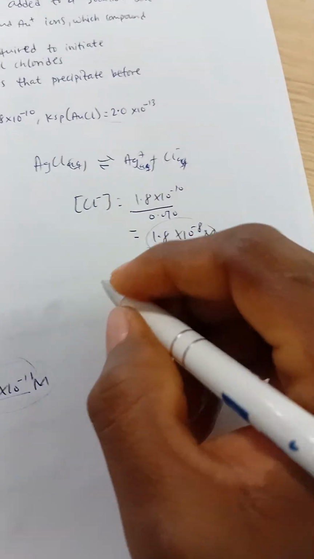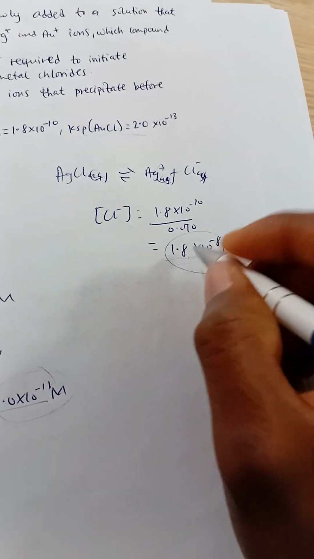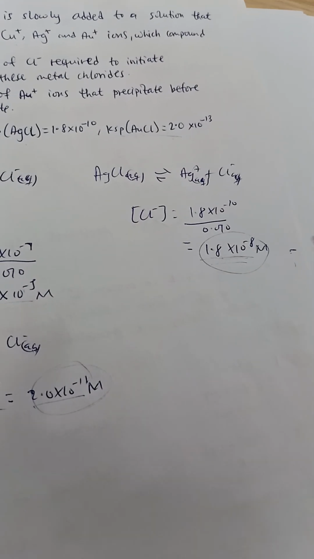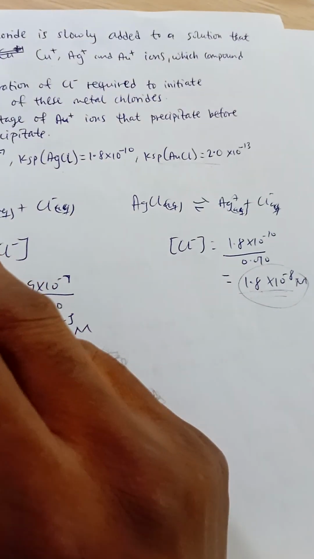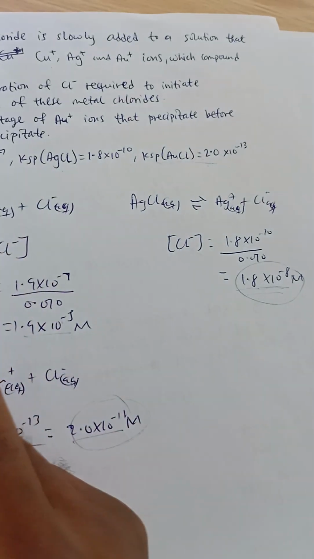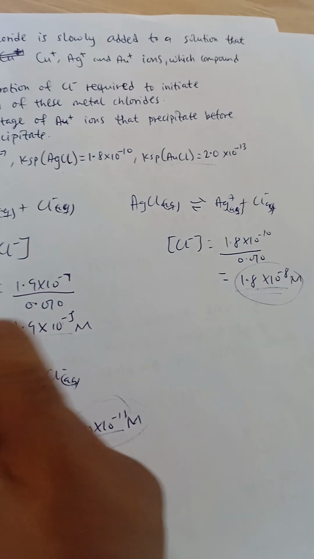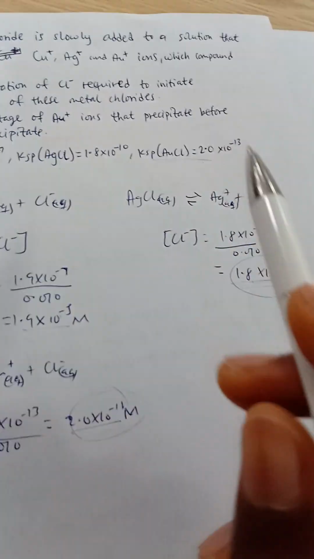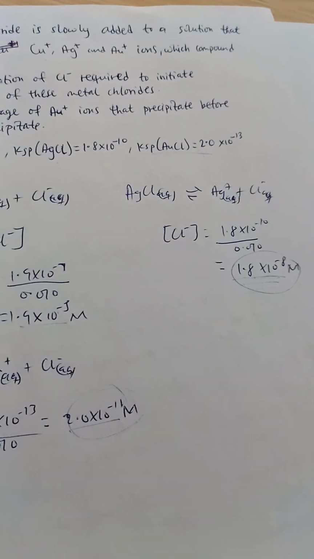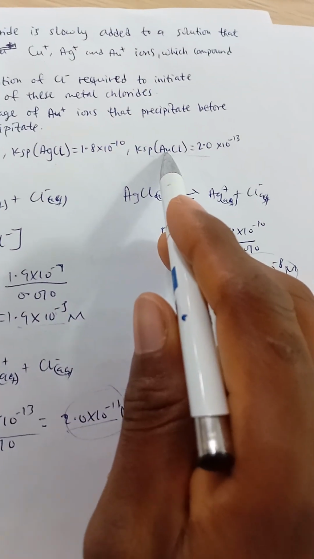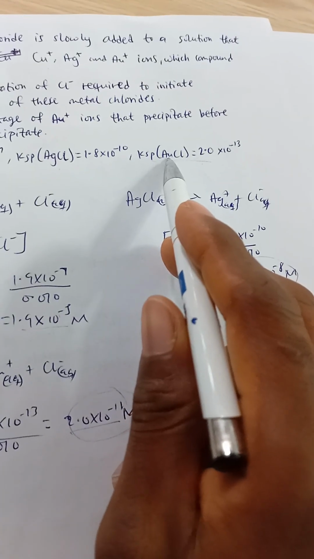You use this concentration in the equilibrium equation for gold 1 chloride and then get the concentration of Au+ from there.